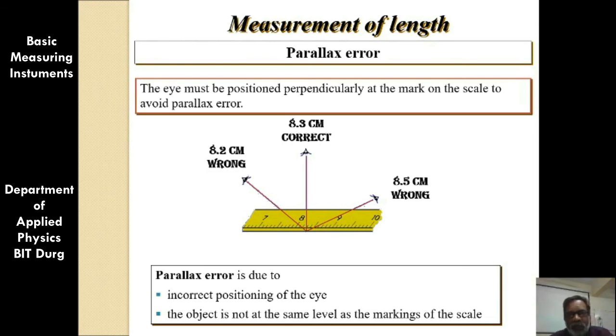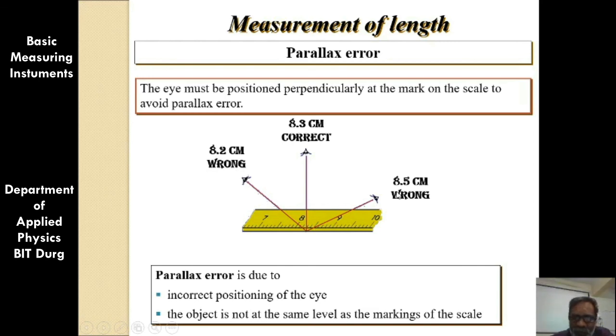Now, the next most important thing here is how to get the correct reading. Whenever we try to find the reading, it is very essential to remove the parallax. Suppose I try to see this reading I want to read. I can keep my eye in three different positions. If the eye is here, the reading will be 0.2.